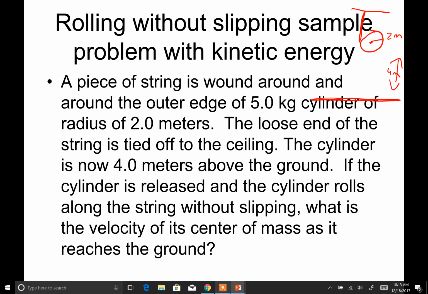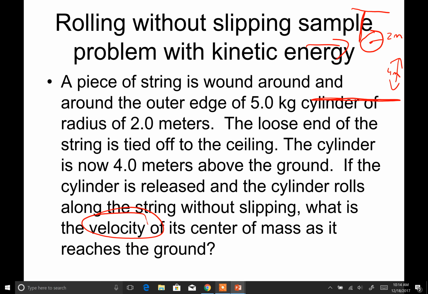So then we let this cylinder go. As it goes, the string is going to unwind from the outer edge of the cylinder, and it's going to experience both translational motion and rotational motion. We're trying to find the velocity, so this is asking for the linear velocity of the center of mass as it reaches the ground. It's kind of an intimidating looking problem at first, but this is a conservation of energy problem.